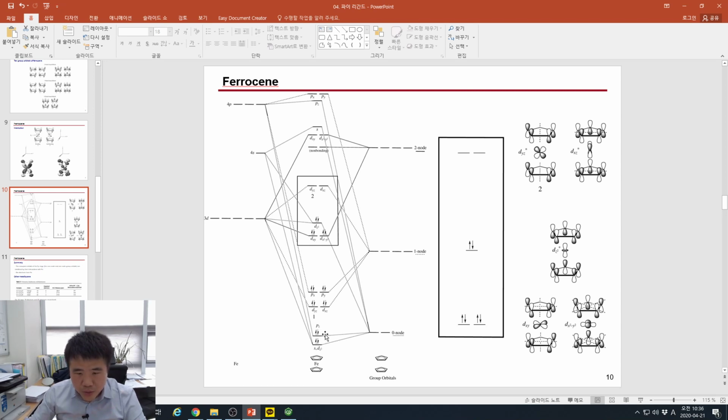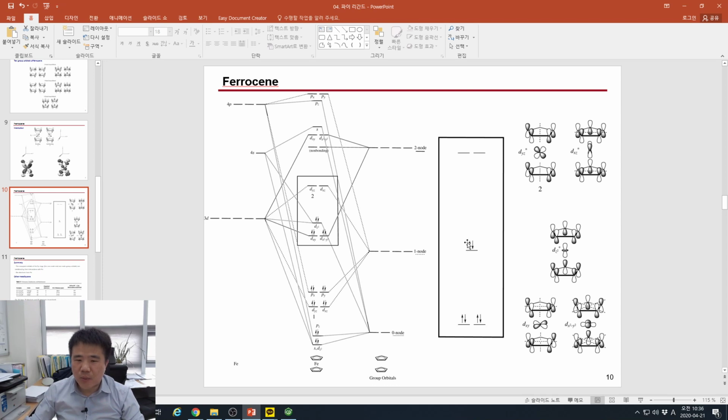So here is dz square, something. If you look at this box, dxy, dyz, dx square minus y square and dz square are here.